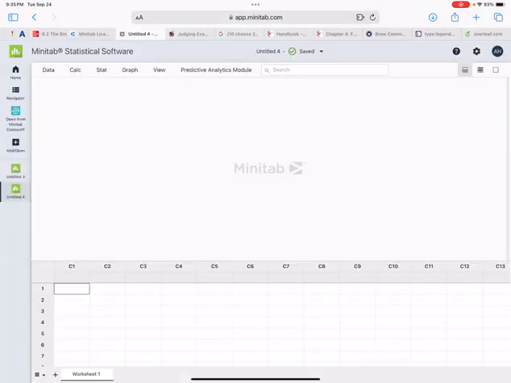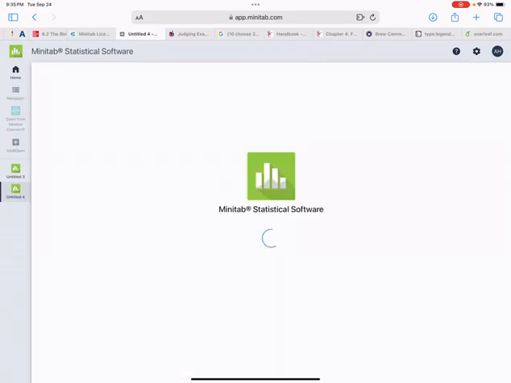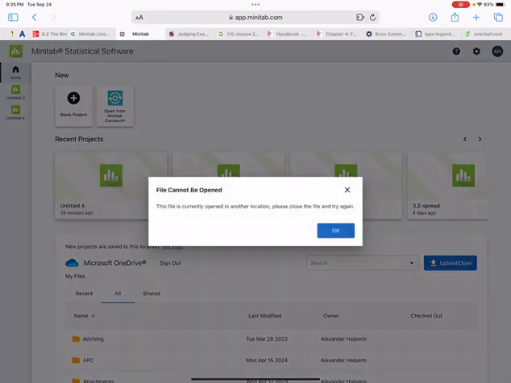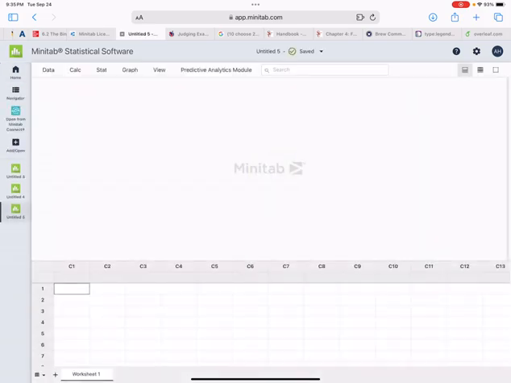Calc, Probability Distributions, Cumulative. Oh, that was interesting. That was unexpected. Let's see what it's doing there. That was not what we wanted. Okay, that's weird. We're just going to do another blank project. Oh, there we go. Sorry about that.